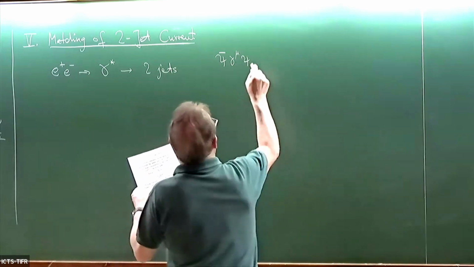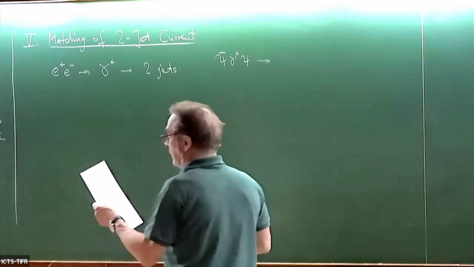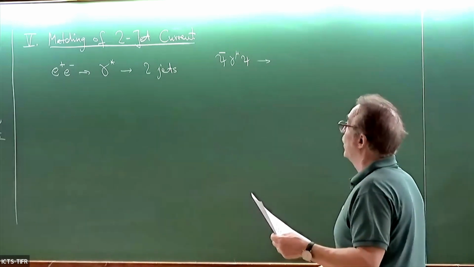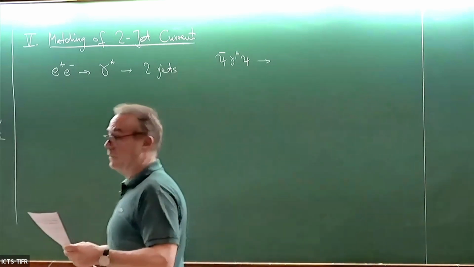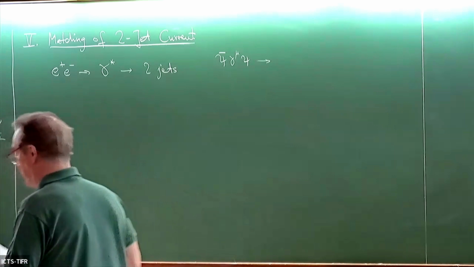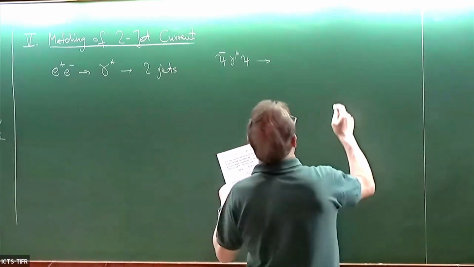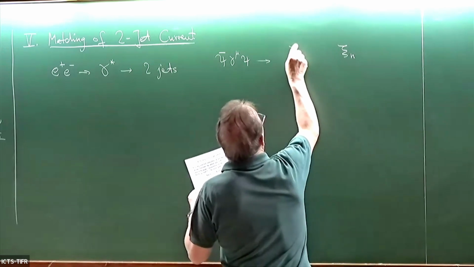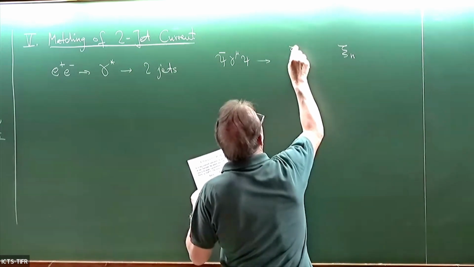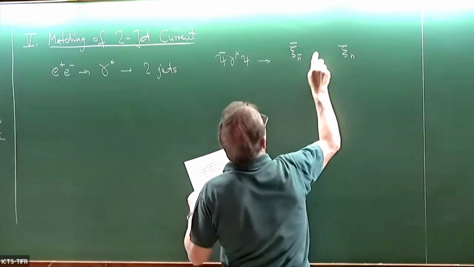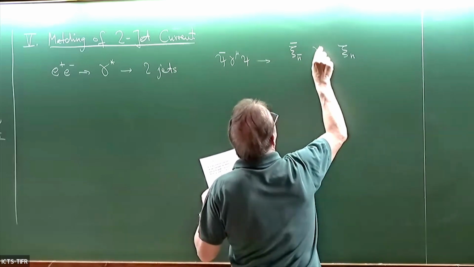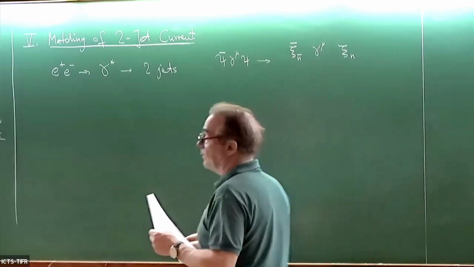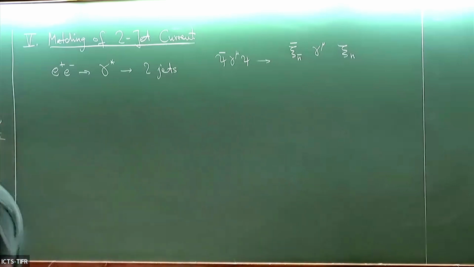And naively, you would say, well, very easy. Nothing easier than that. Obviously one quark flies off to the left, one quark flies off to the right. One of them is collinear, the other is anticollinear. So I would write a collinear spinor, I would write an anticollinear spinor, and now I should put gamma mu in between. But gamma mu I can decompose in the light cone basis.